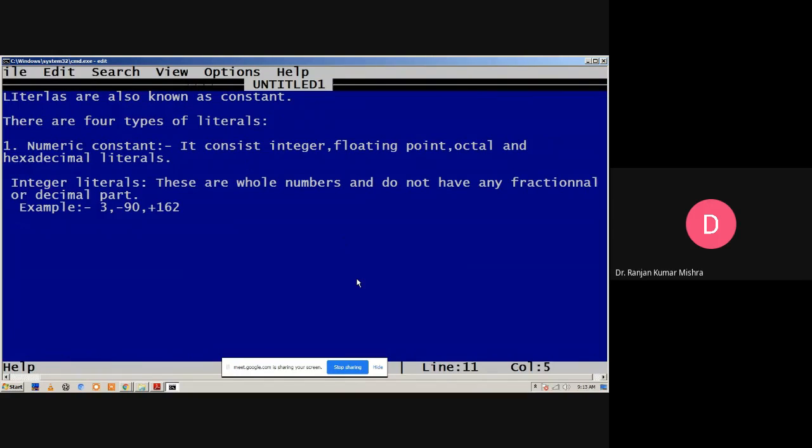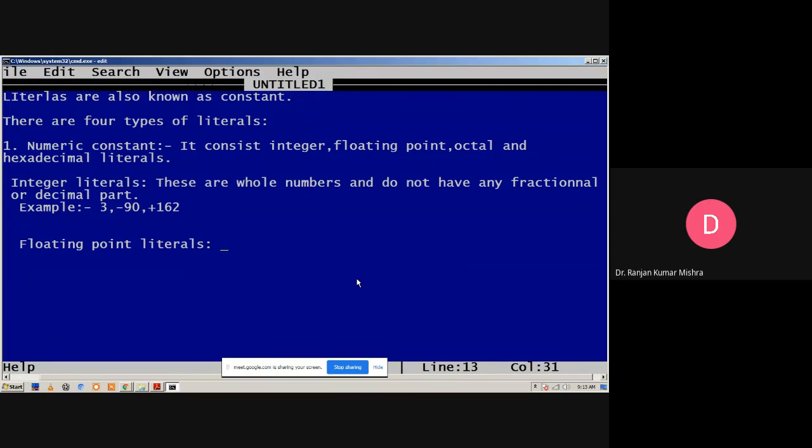A floating point literal may be written in two forms: the fractional form and the exponent and mantissa form. In fractional form, for example, you can write 12.5. This is the fractional form.